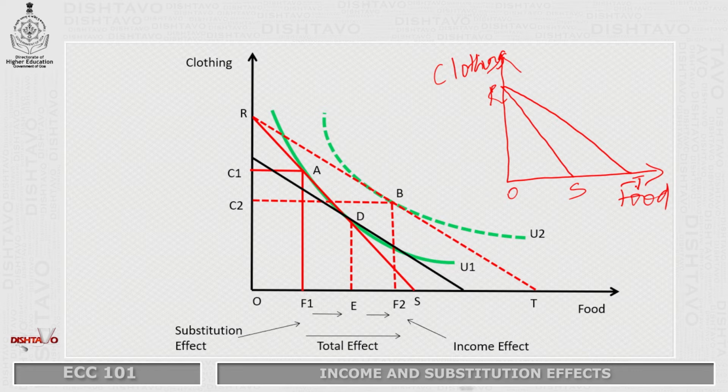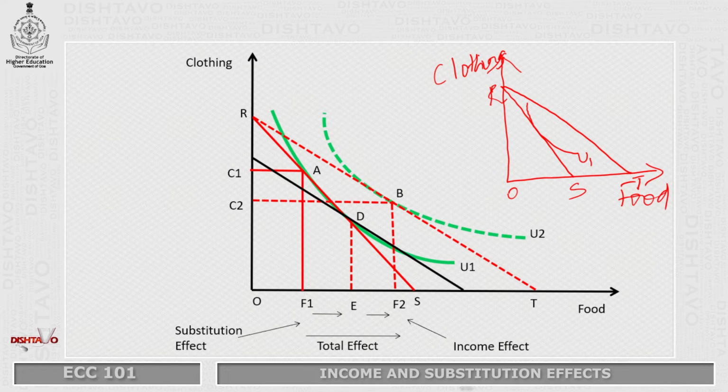So we have the indifference curve which is shown by U1. This is the indifference curve U1. An indifference curve tells you the utility that a consumer receives after consuming these two commodities, clothing and food.